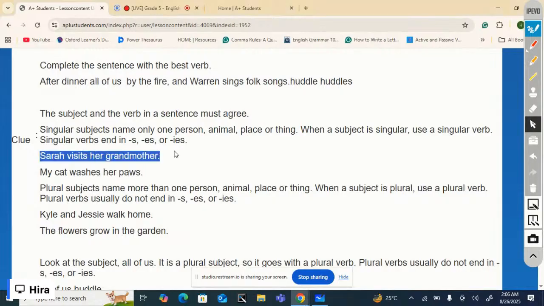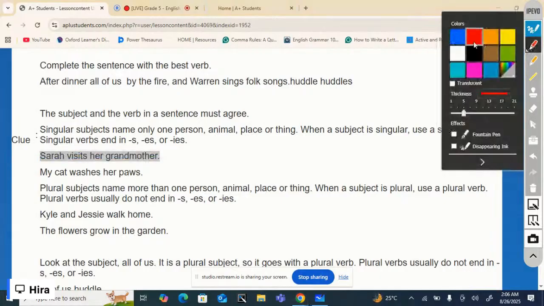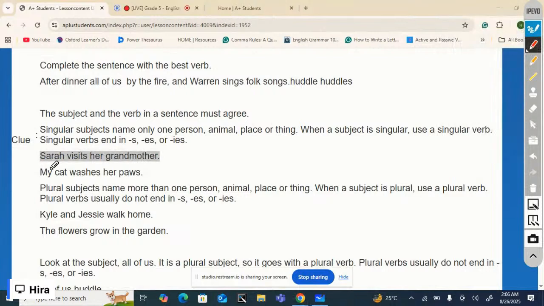Sarah visits her grandmother. If you read this sentence, what is the subject? Sarah. Sarah is the name of one person. It means Sarah is a singular subject. Now the rule says if the subject is singular, use a singular verb. Now look at the verb in this sentence.